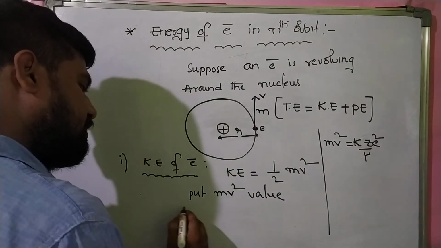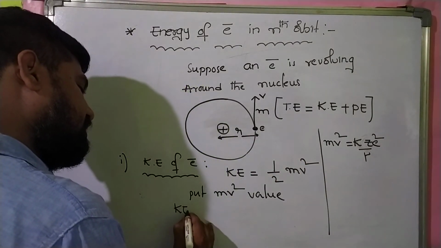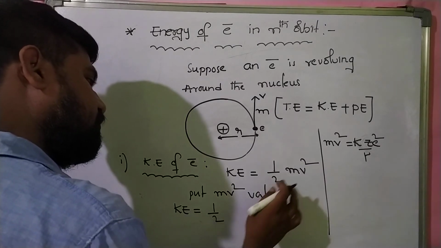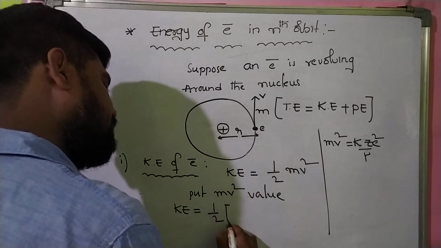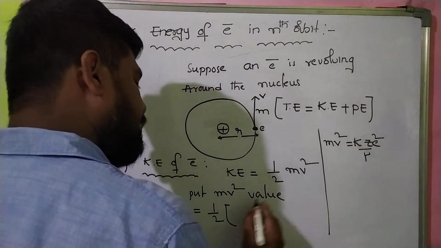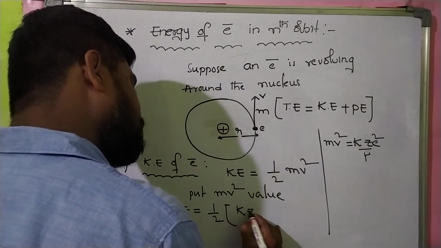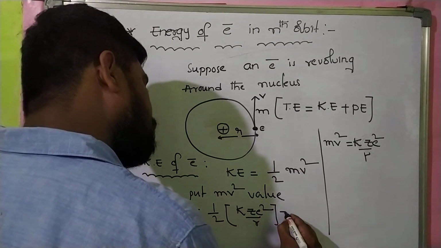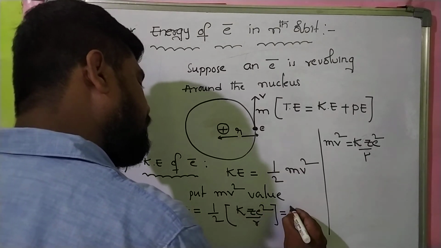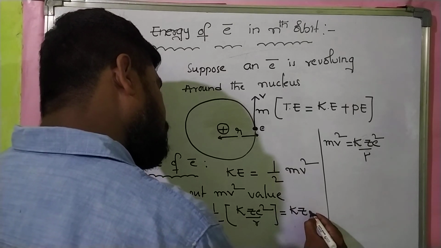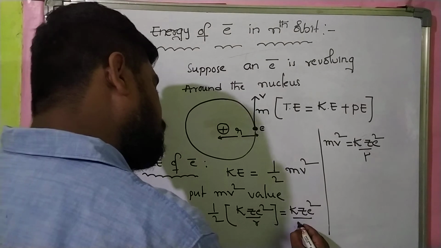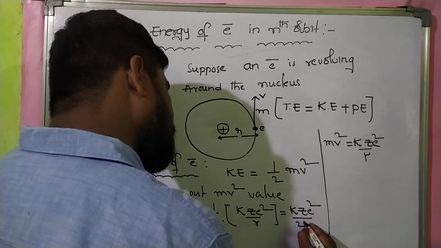Now we get kinetic energy KE equals 1 by 2 into, what is the value of mv square? That is k into z e square by r. So from this, k into z e square by 2r.